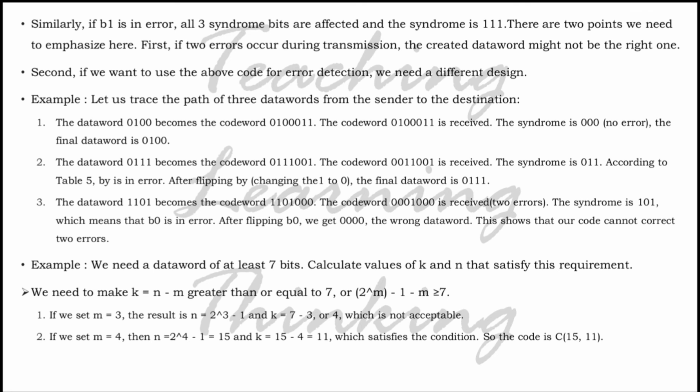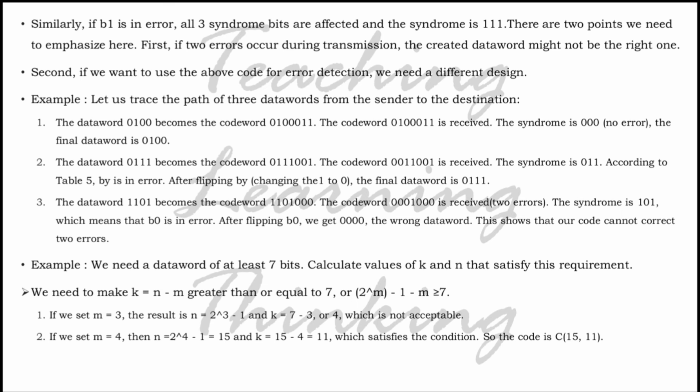So we need a data word of at least 7 bits. Calculate the values of k and n that satisfy the requirement. We need k equal to n minus m greater than or equal to 7, or 2 raised to m minus 1 minus m greater than or equal to 7.